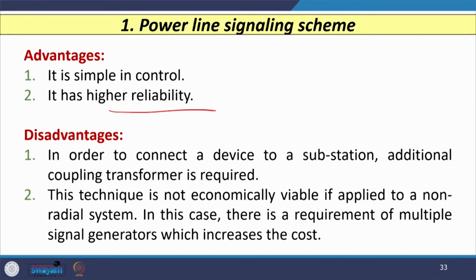In order to connect a device to a substation, an additional coupling transformer is required if we wish to implement power line signaling scheme. This technique is also not economically viable for a system which is non-radial in nature. Why? Because in this case there is a requirement of multiple signal generators which increases the overall cost of the system.